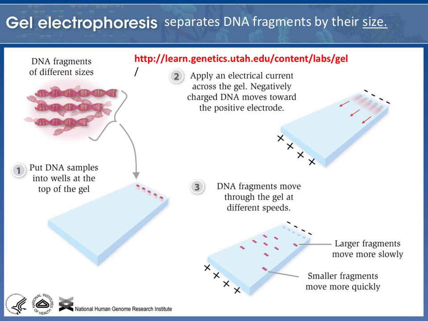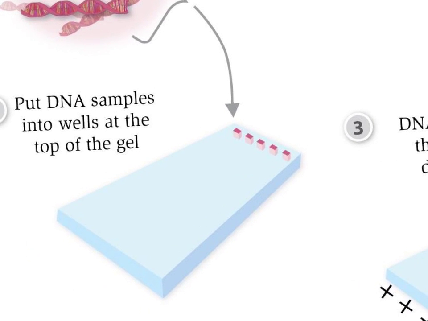Okay, so what we do is with this electrophoresis, we have this plate here, and it's got this material, and what you do is you put, up in these wells here, a little bit of DNA. Okay, so you put some DNA there.